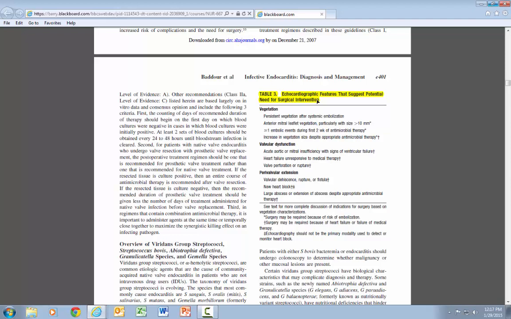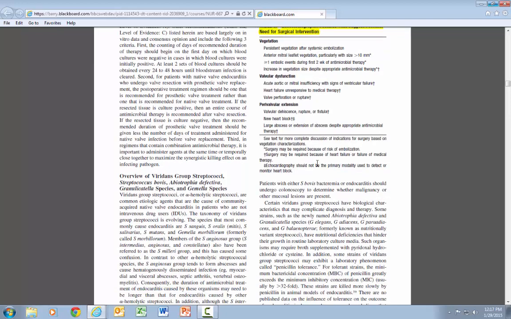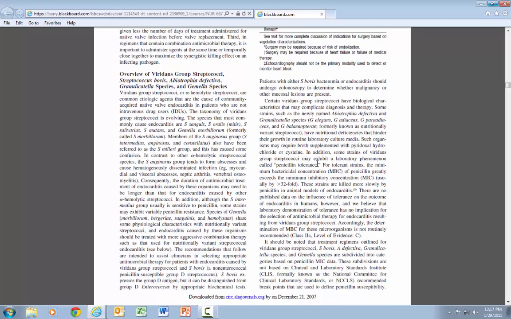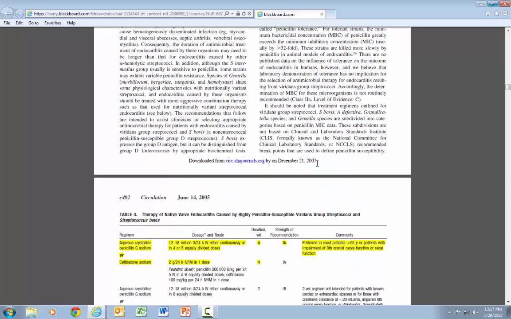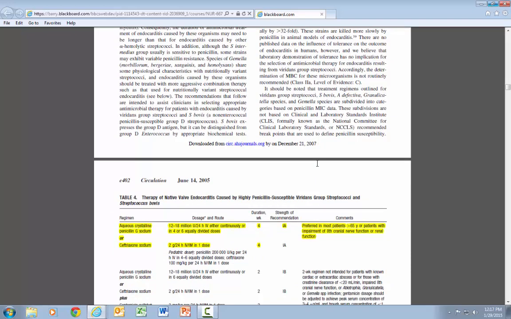Every time the patient has these features, including decompensated CHF, they're at high risk for mortality. That's the reason why surgical intervention should be followed by antimicrobial therapy.